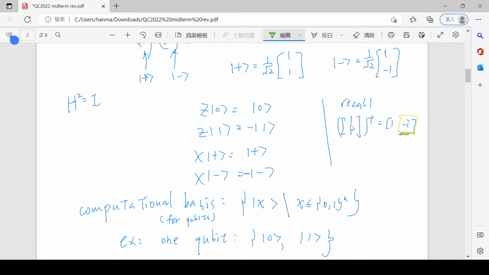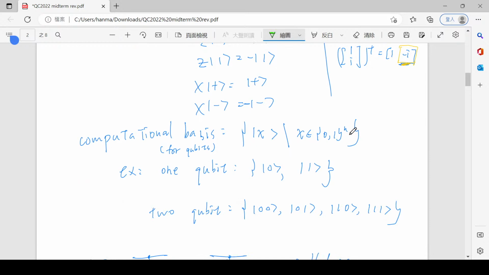If you do it on a vector, it will turn a column vector into a row vector, but you also do a complex conjugate. Those will be tested. We already have those kinds of homework, and there will also be questions like this in your test. So don't forget this minus sign when you do this dagger operation.